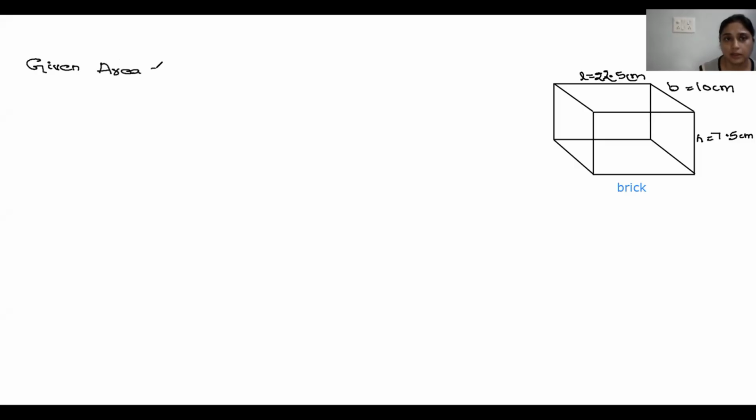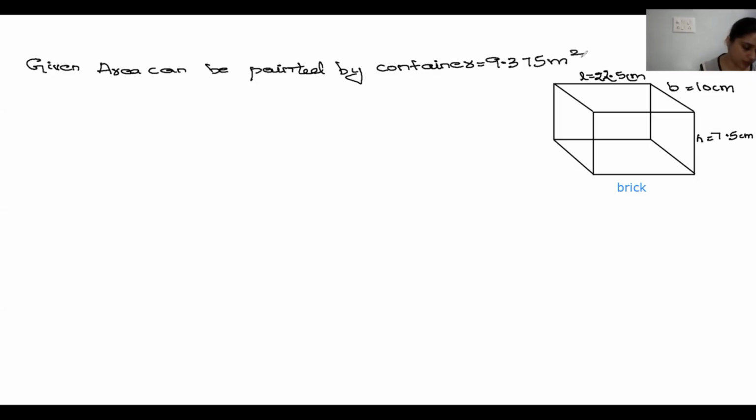The area that can be painted by the container is equal to 9.375 meter square. Right, so this area can be painted.